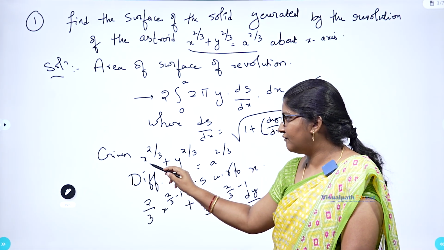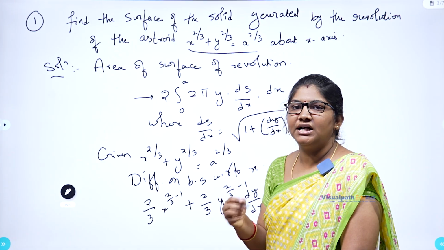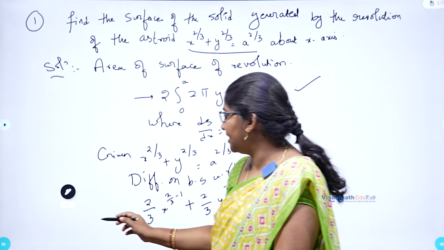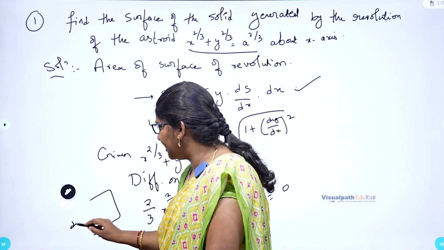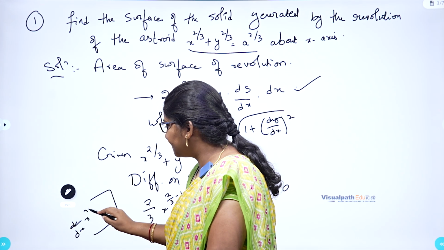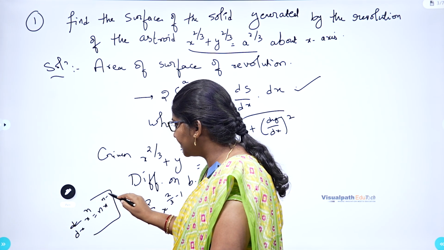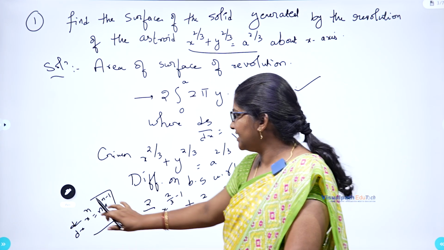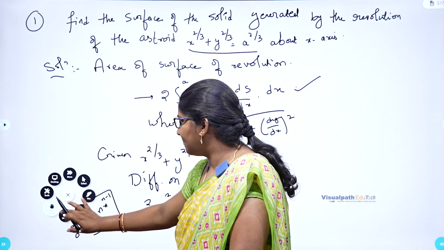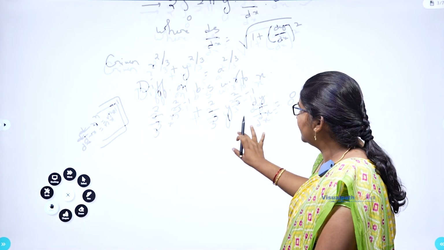Here, what is the formula we have applied? d by dx of x power n is equal to n x power n minus 1. That is the formula we applied for this curve.